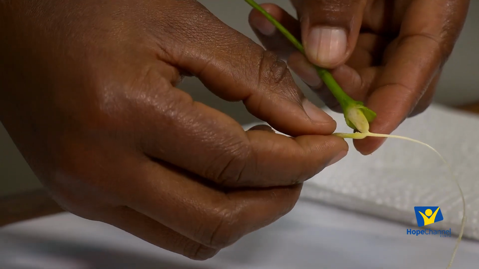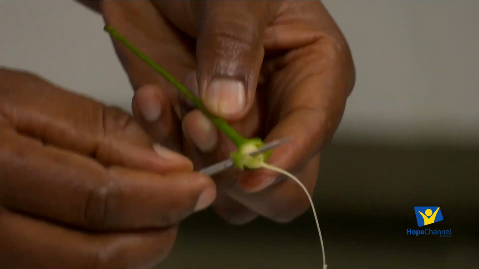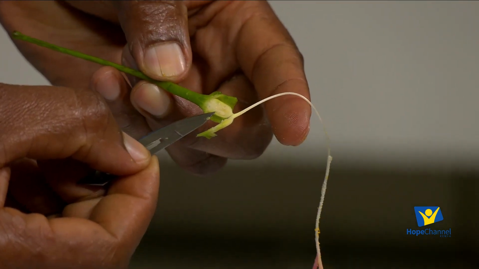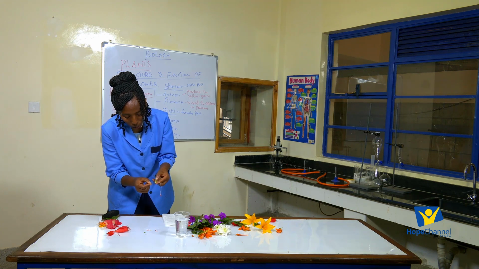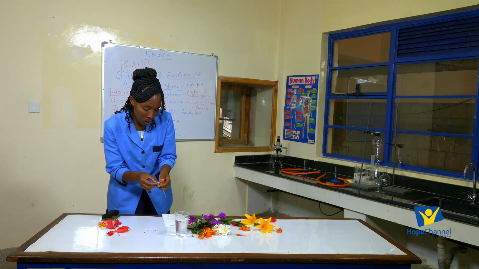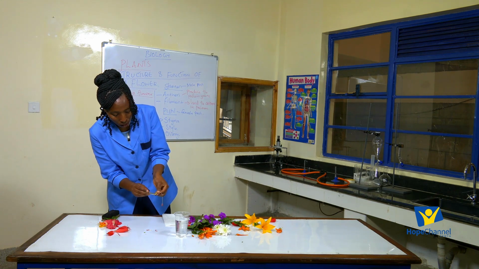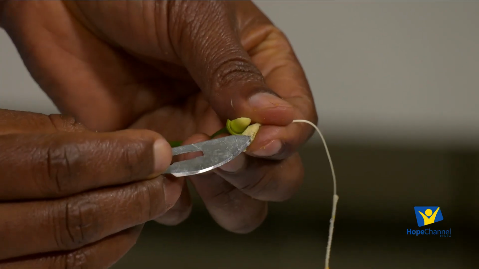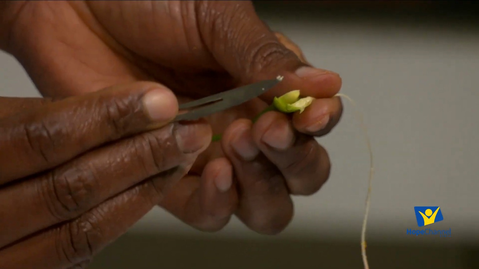If you are very keen, my student, you can see something that looks like, I don't know which term I can use, but we see the ovules. So, when we talk about the ovules, these are the ovules. Let me remove one so that you're able to see. So these are the ovules.